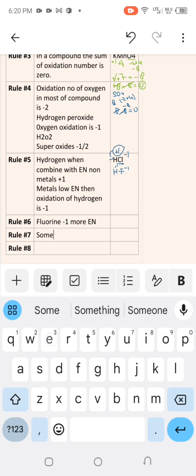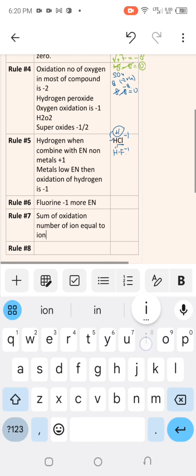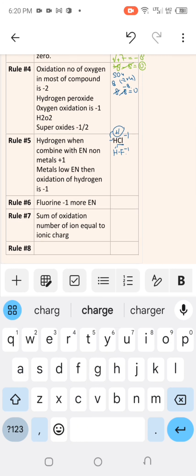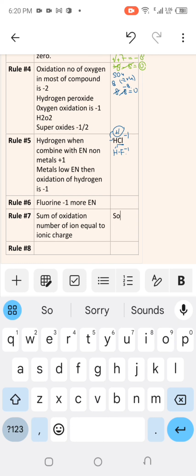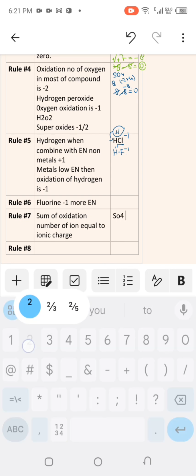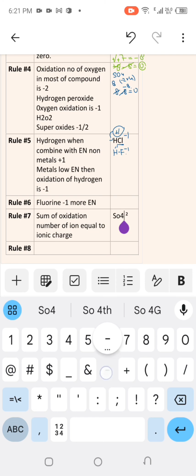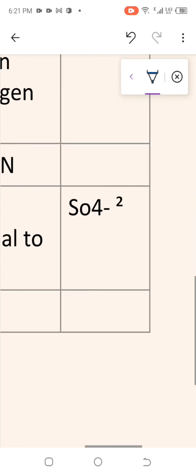If you sum the oxidation numbers of an ion, it will be equal to the ionic charge. For example, here we have SO4 and the charge is -2. Now you can see how the oxidation number is equal to -2.